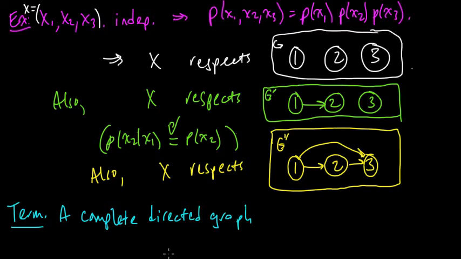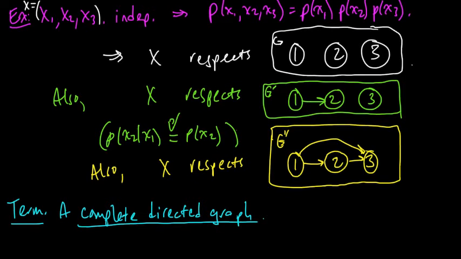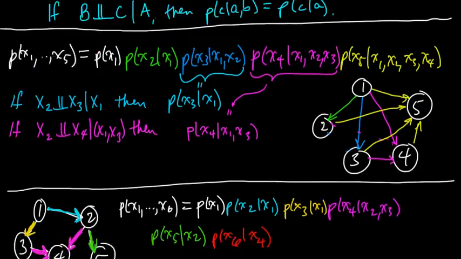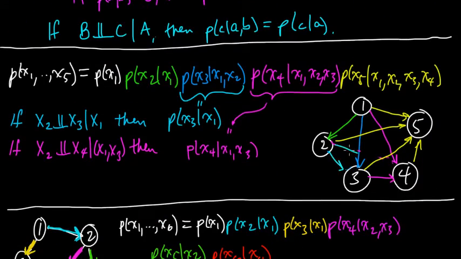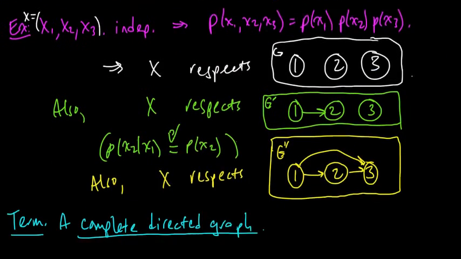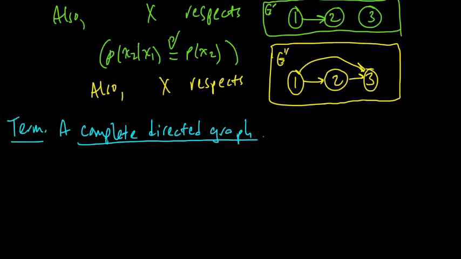I won't write this whole thing out formally, but a complete directed graph is a graph in which all of the vertices are connected to all of the other vertices. So for example, the one I drew earlier, I erased some of the edges, but if we added these edges back in, this would be a complete directed graph. It's a complete graph that's directed. A complete graph has edges between all the pairs of vertices. So it's just a directed graph that's complete.